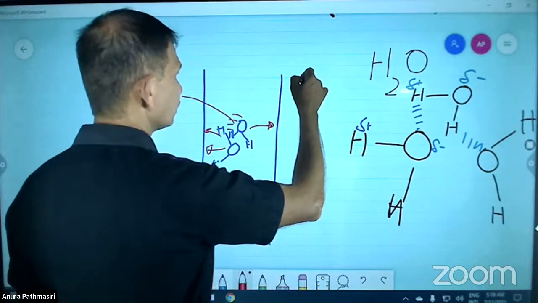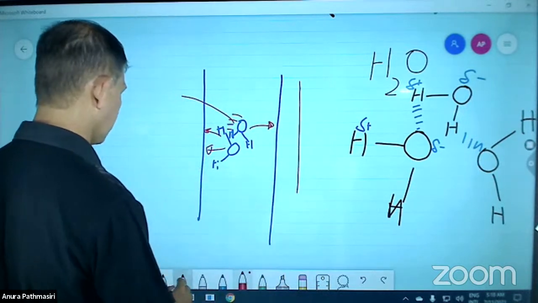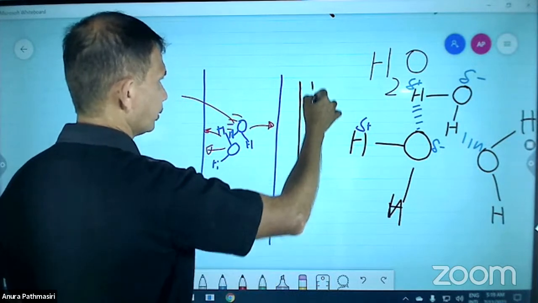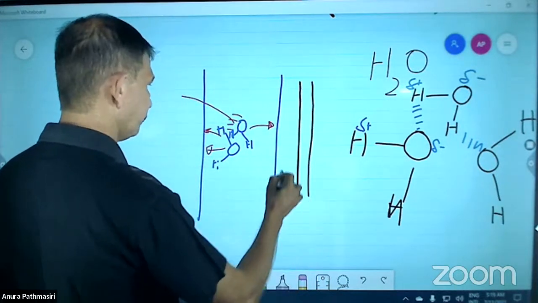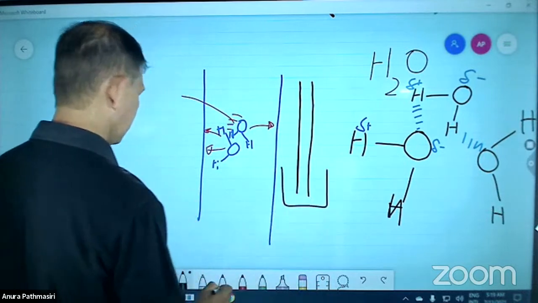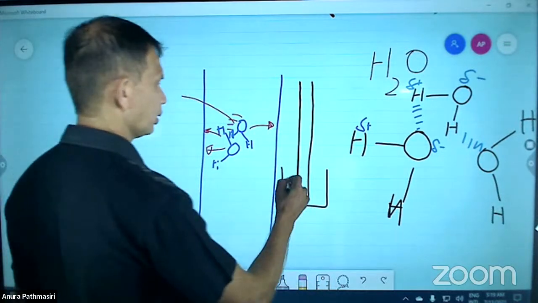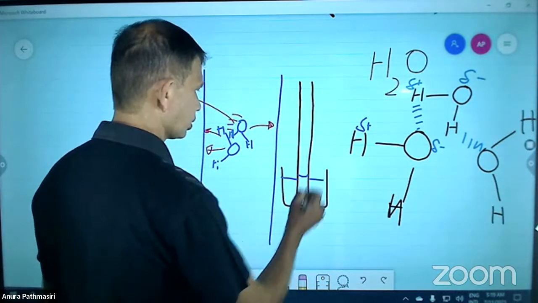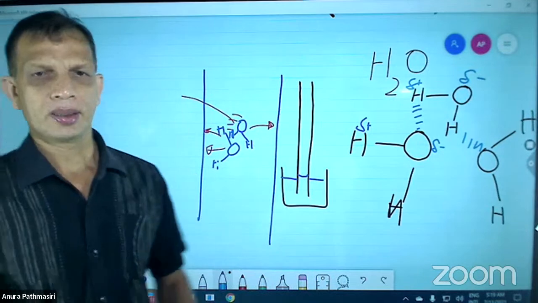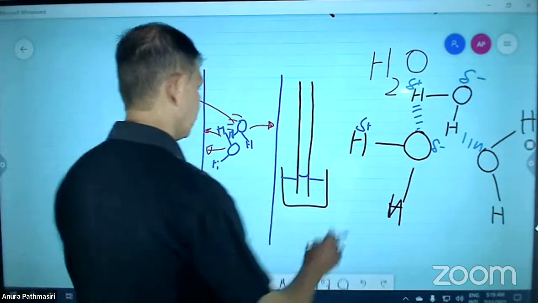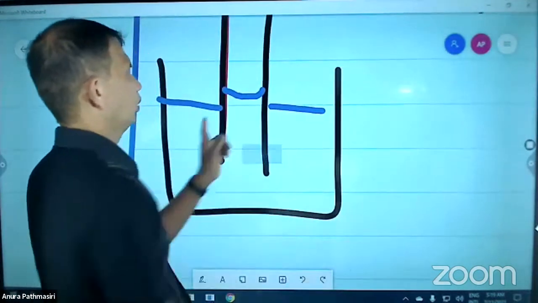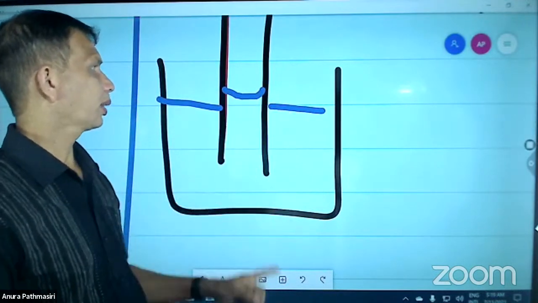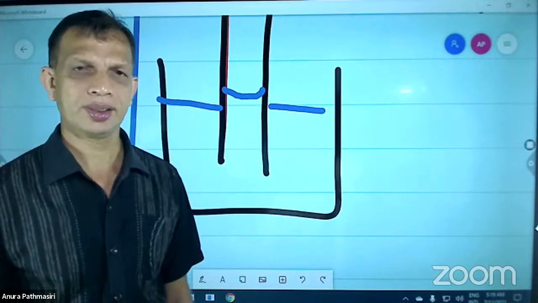If you take a small glass capillary tube and dip it in water, you can see the water level goes slightly up. It is not at the same level as the other water. That we call capillary action.